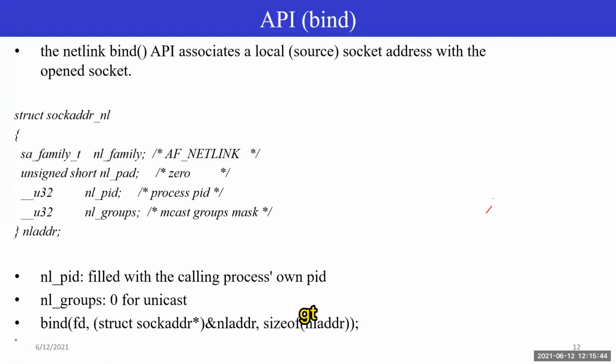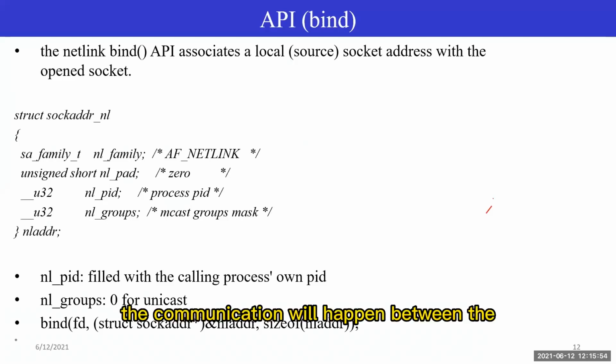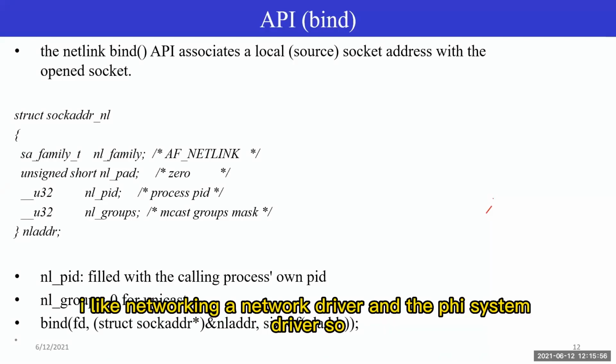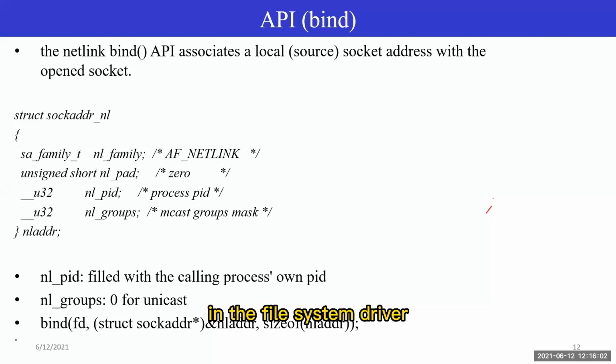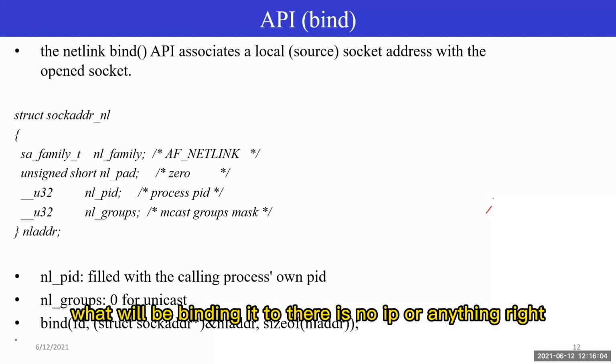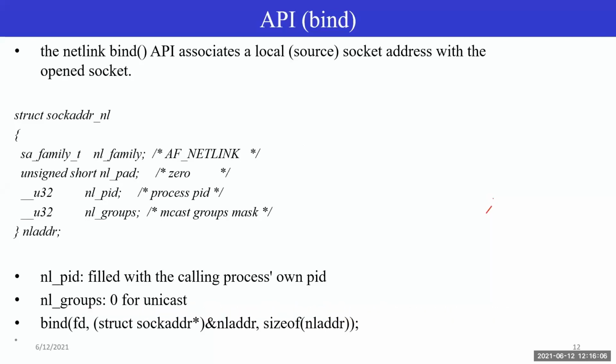Sir, I have one question. In case of that Samba example, for your PC, the communication will happen between the network driver and the file system driver. So in the file system driver, what will it be binding to? There is no IP or anything, right?